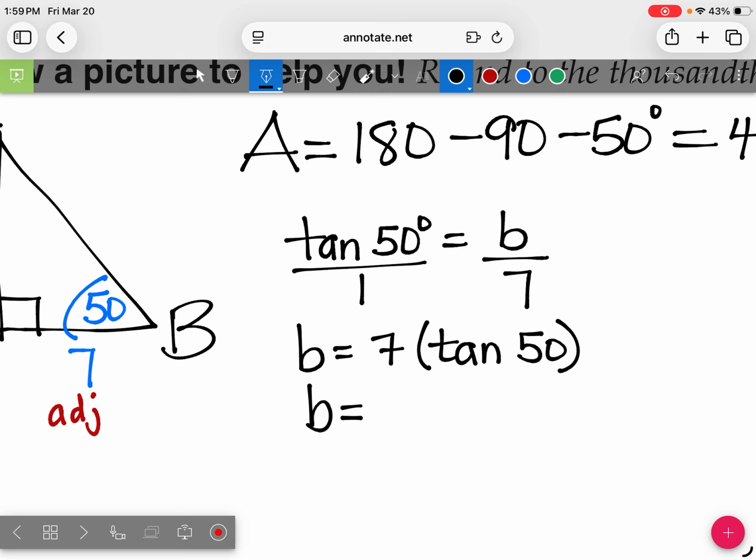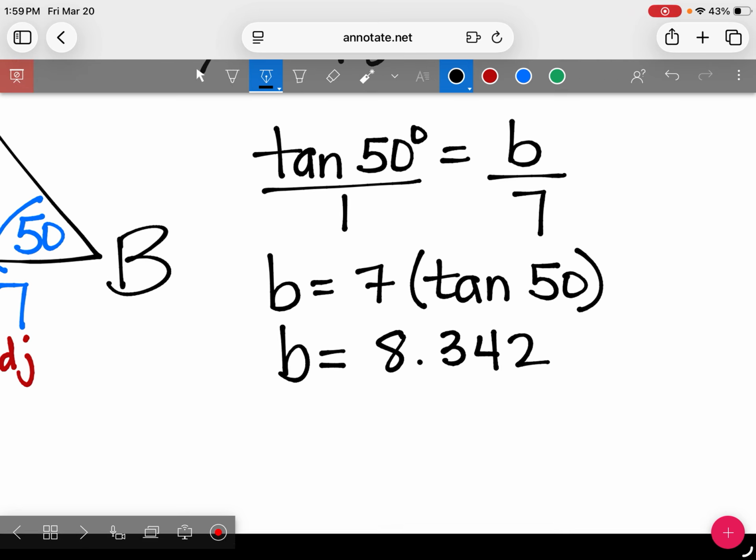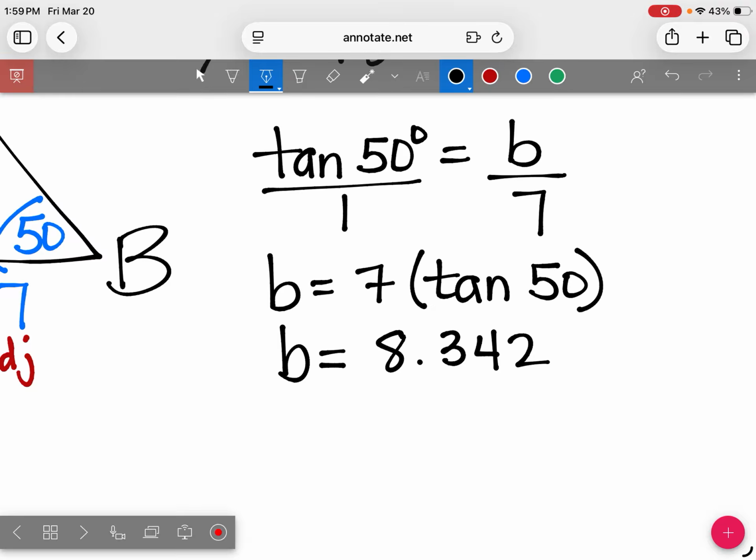And we're not trying to find an angle, so we're not using inverse, just regular tangent. All right, who agrees with my answer? 8.342.